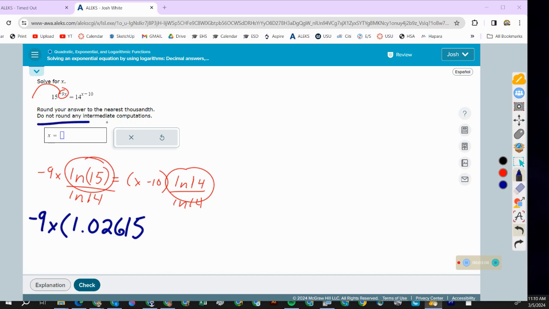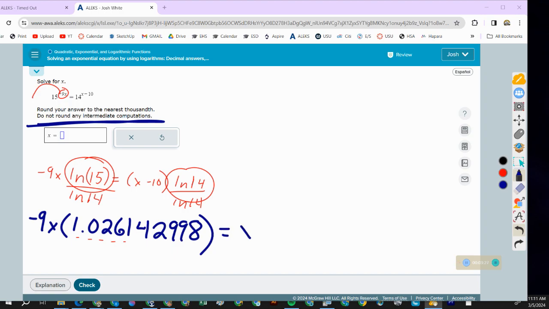And notice how it says do not round any intermediate computations. You need a lot of decimals here in order for it to work. In fact, with logarithms, you have to be really specific. So 0, 2, 6, 1. Oh, I even wrote it down wrong. 1, 4, 2, 9, 9, 8.